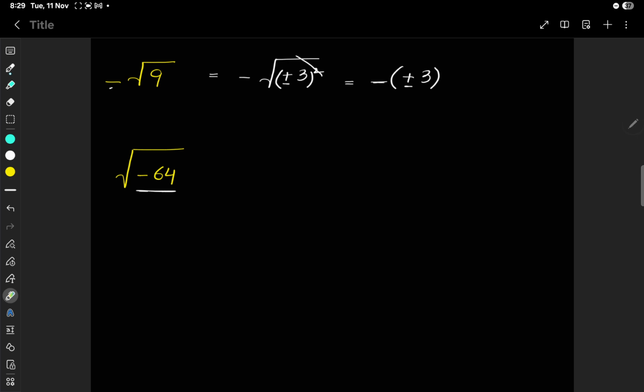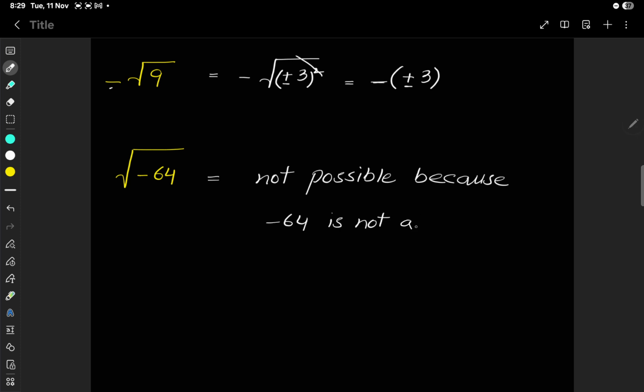So yes, we will write: taking the square root of minus 64 is not possible. We cannot solve this because minus 64 is not a square of any number, right?